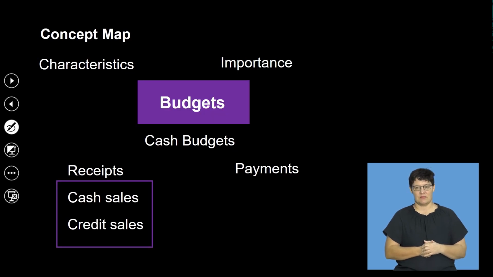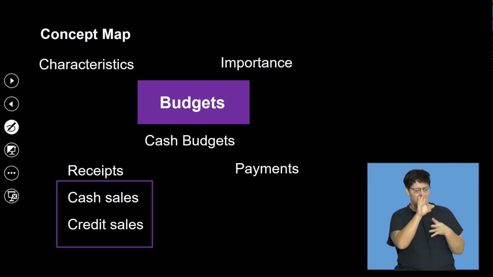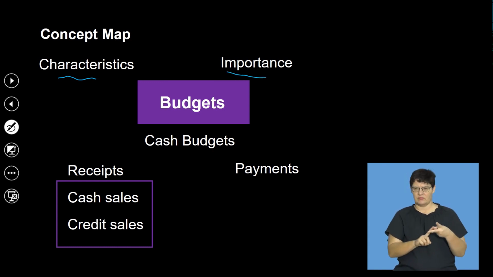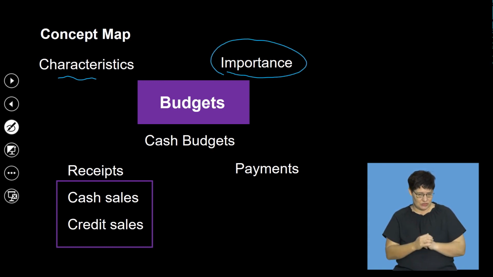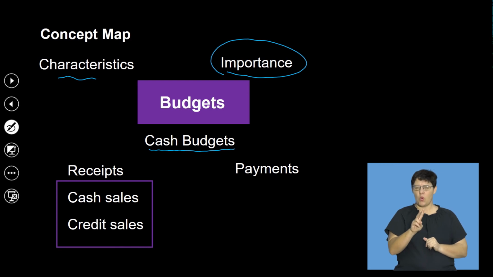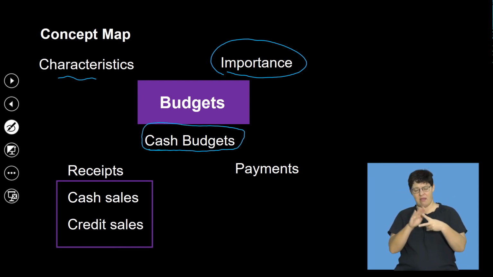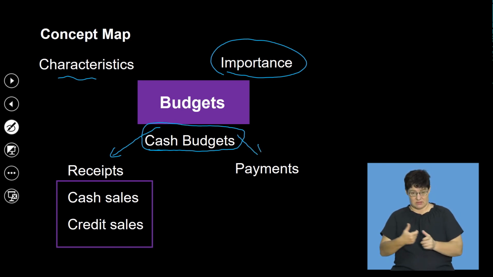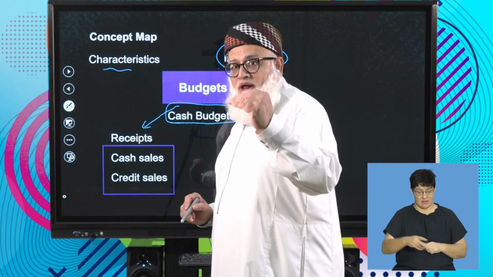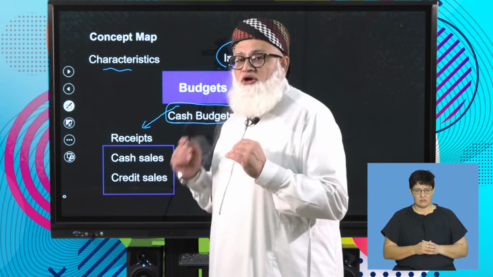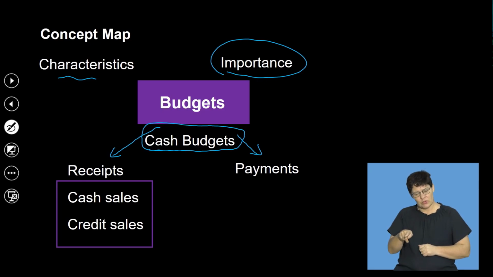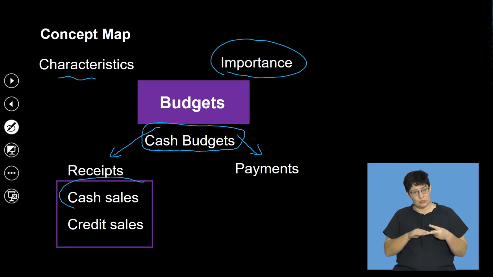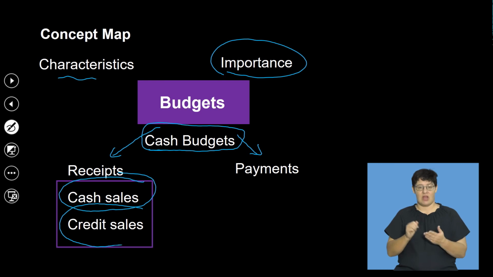Now if you look at our budget, we've dealt with the characteristics and the importance. When we're looking at the cash budget, remember the two components: receipts and payments. When looking at your receipts, you focus on two items, namely your cash sales and your credit sales.